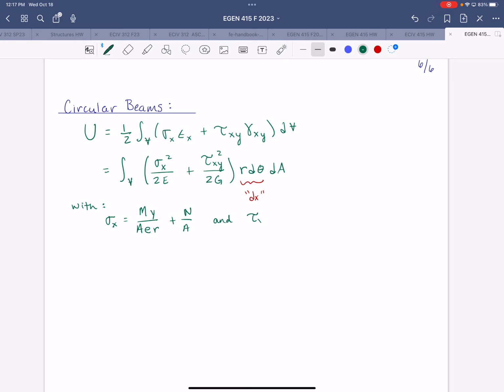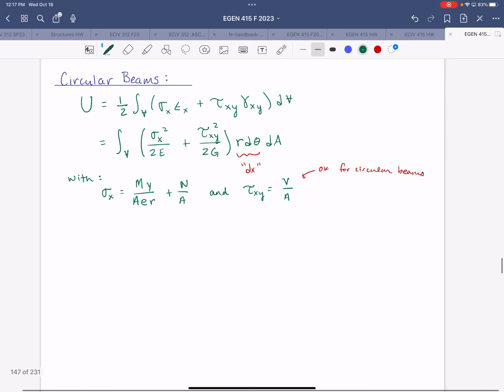And our shear stress, we're just going to take the average shear stress, V over A, and that's okay for circular beams, in the context of strain energy at least. Really, in general, since we said circular beam shear stress is pretty negligible.